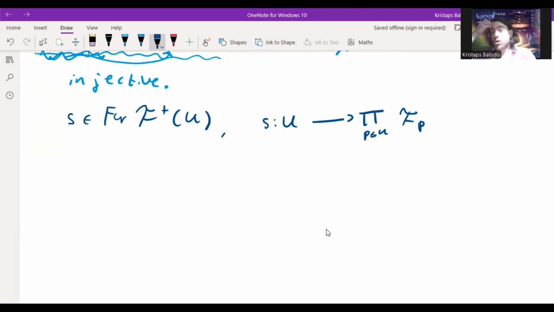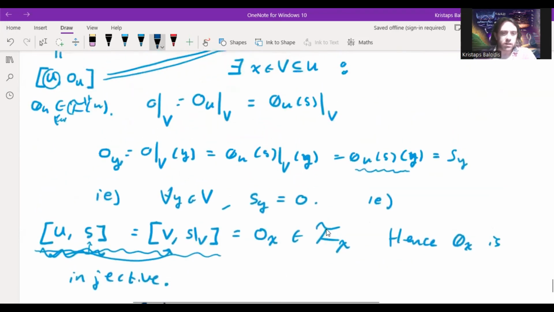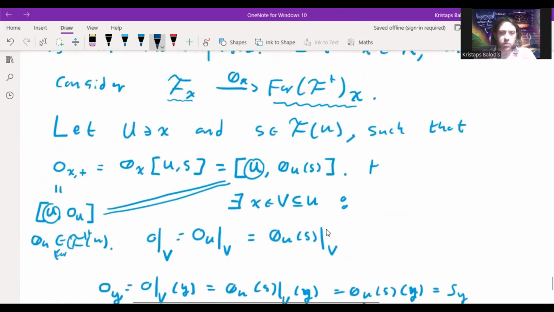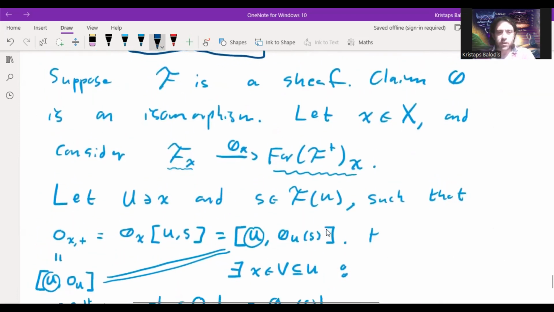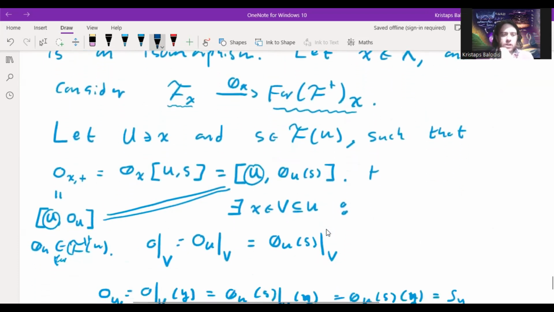And now we need to try and come up with some... I think somewhere I forgot to declare that I'm using the property that F is a sheaf.